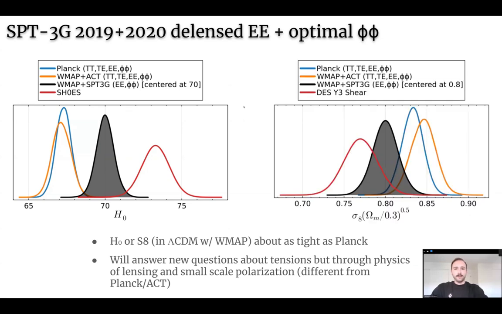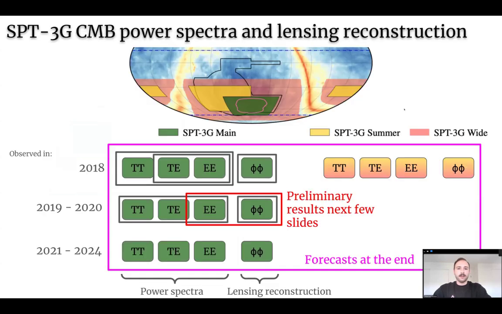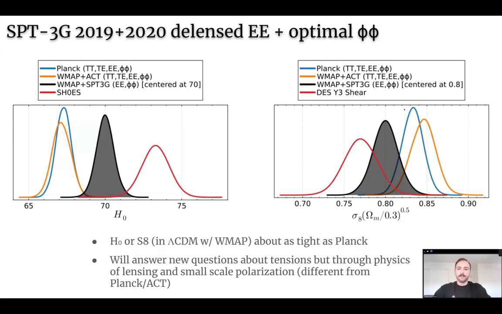And similarly, for another interesting tension, the sigma 8 tension, this measurement of the amplitude of matter fluctuations, you have Planck and ACT slightly high values, and some lower redshift structure probes, things like DES year 3 shear, and others slightly low. And so the errors are right in line with all of these and will tell us some interesting new things about the universe.